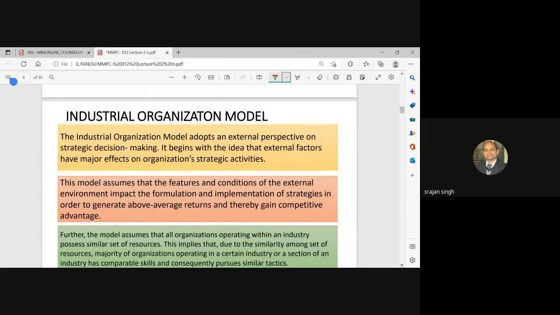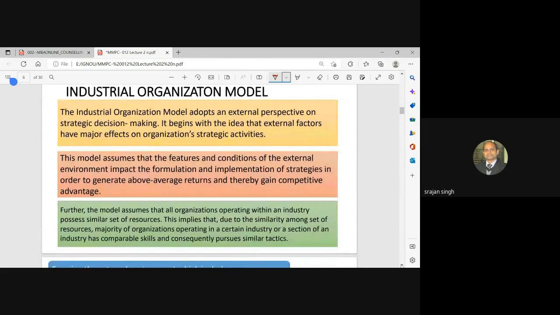Our next topic is the industrial organization model. The industrial organization model adopts an external perspective on strategic decision making. It begins with the idea that external forces have major effect on organizations' strategy activities.